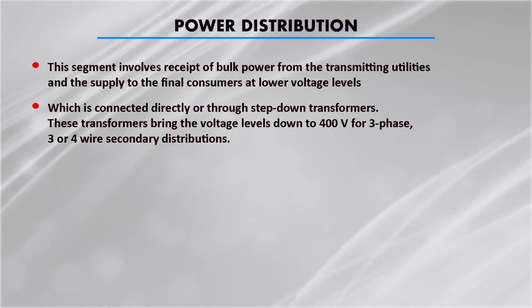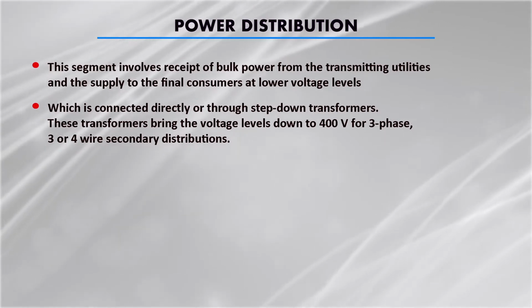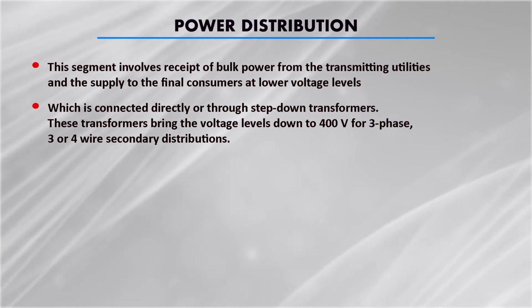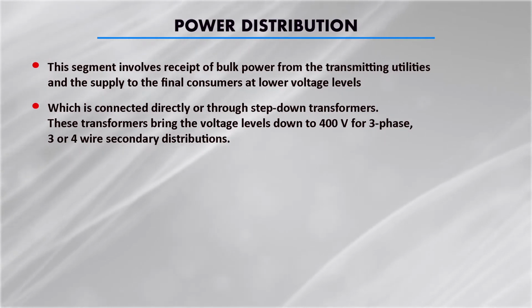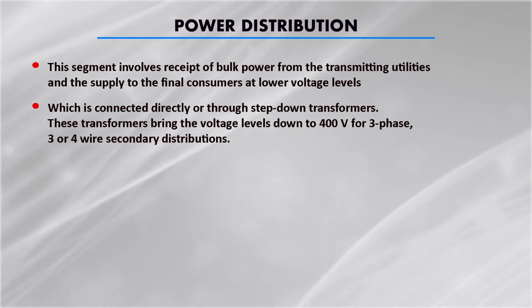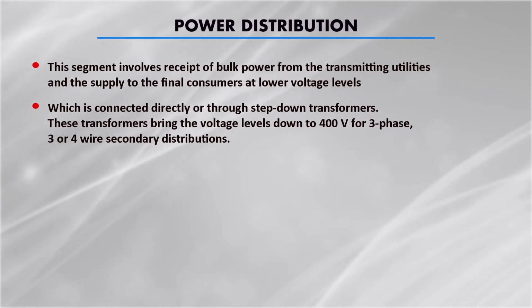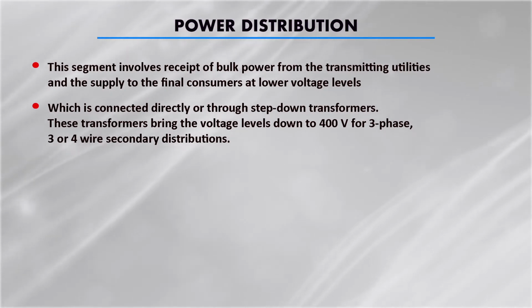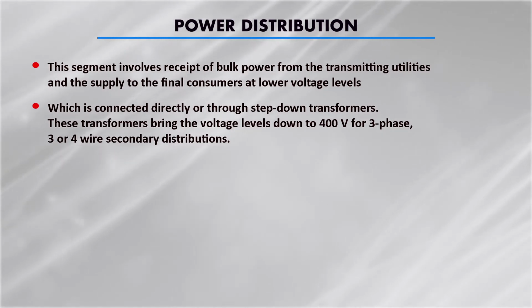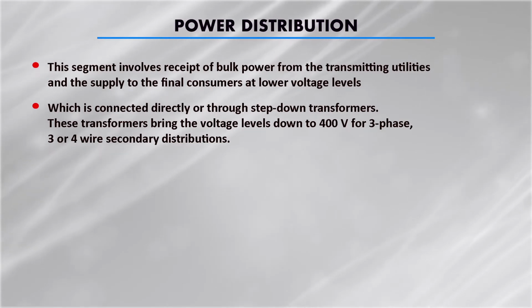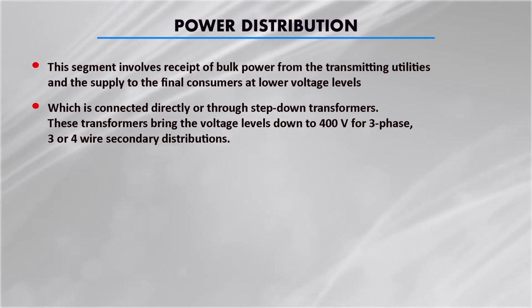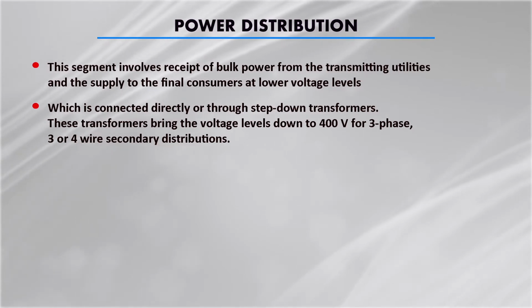You have seen substations with this kind of voltage level. The transformers used in the substation bring the voltage level down to 400 volt for 3 phase, 3 or 4 wire secondary distribution. The 4th wire, generally present, is called the neutral or return wire.